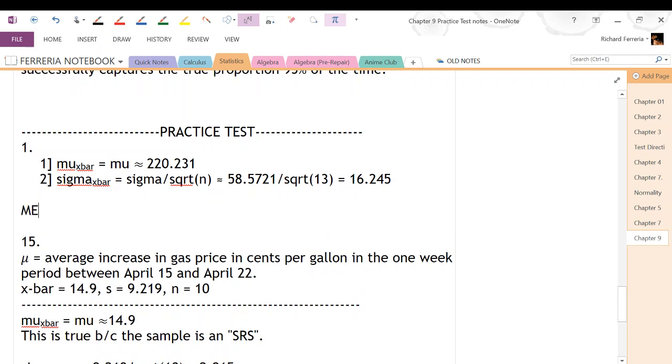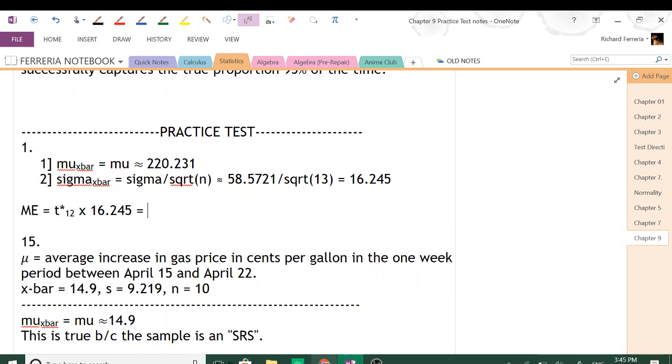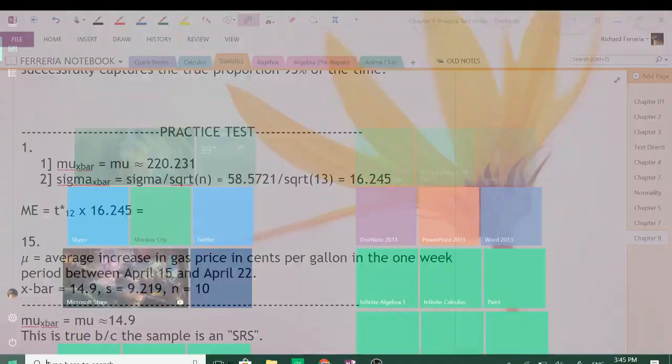We need to know the margin of error, and that's going to be, well, what do you think, T or Z? T star with 12 degrees of freedom multiplied by 16.245. So let's go ahead and pull up the calculator.